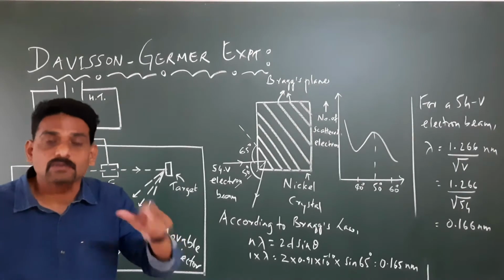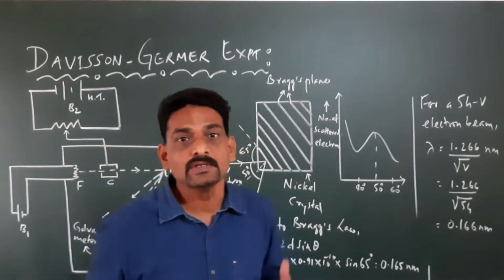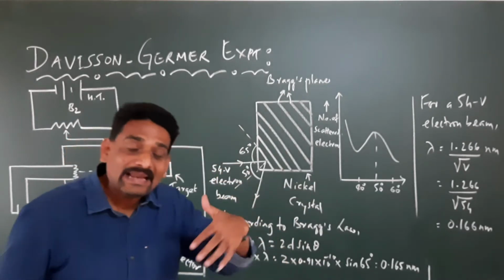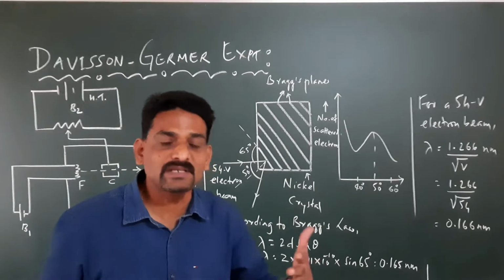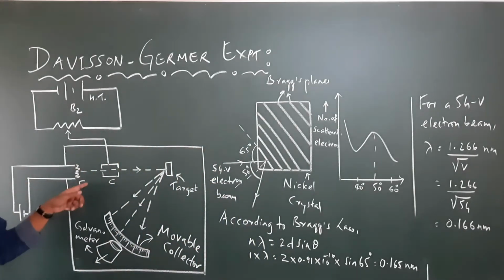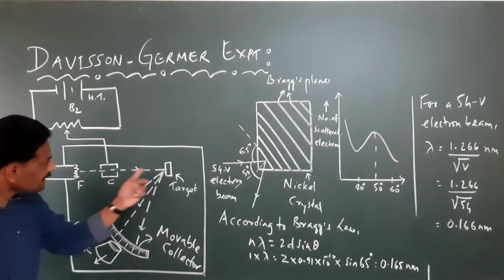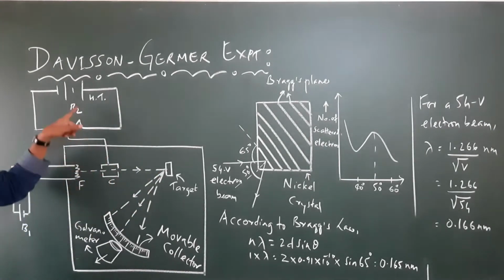We know that electrons are negatively charged, so they will be attracted towards the positive charge, which means they are accelerated. The electrons liberated here are made to accelerate in this direction by connecting this cylinder to a high tension battery.